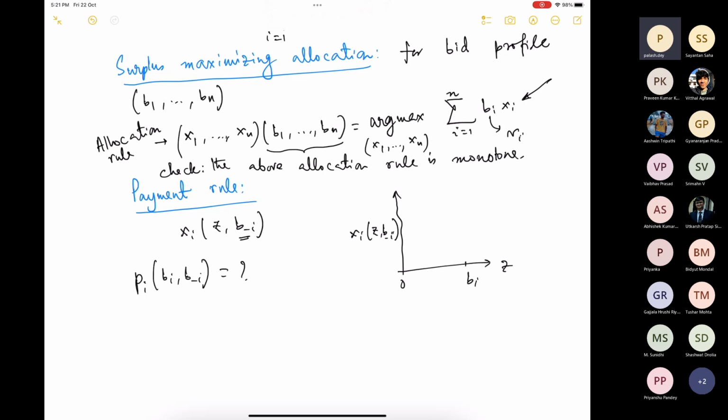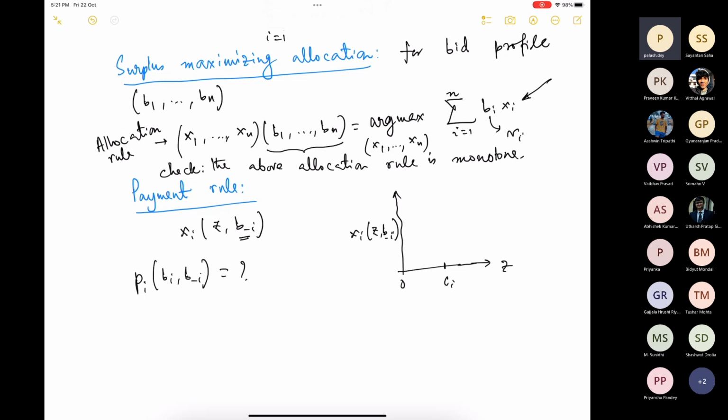If you keep increasing z, there will be a certain point, let's write ci, which is a function of b minus i, the other bids, beyond which this item i will be picked.